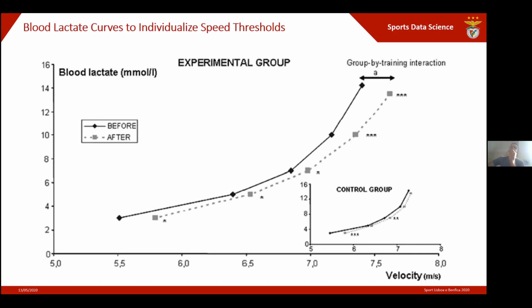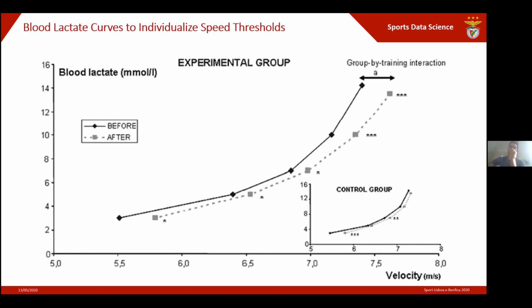If a particular player is not so fit, as they approach higher velocities they'll have more lactate within their blood, which means it's going to be harder for them to produce more work or power. And so they'll be fatigued much quicker, and they will need a little bit more time to recover before they're able to perform at maximal capacity again.